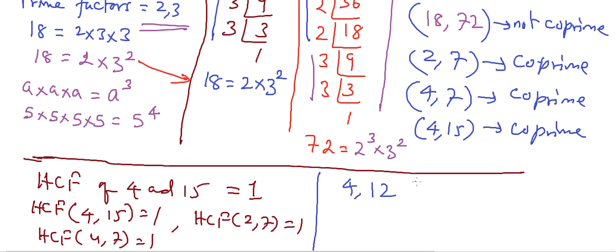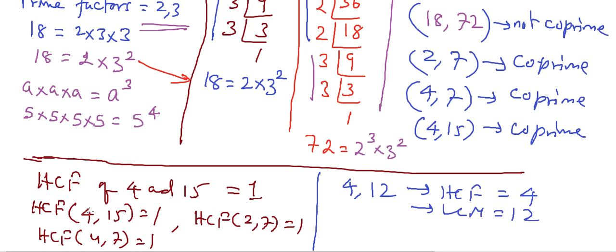In that case, the smaller number is the HCF. So for this, HCF is 4 and the bigger number is the LCM. So for these two numbers 4 and 12, LCM is 12. So if one is a factor of another, or one is a multiple of the other, then HCF is the smaller number and LCM is the bigger one.